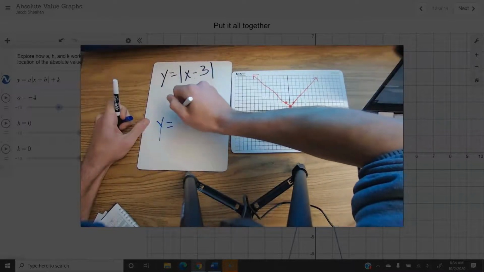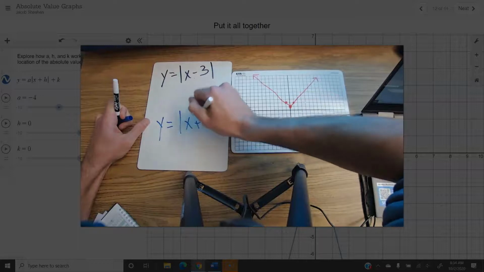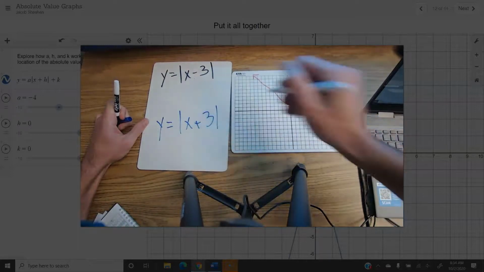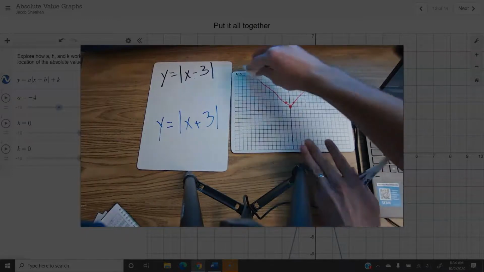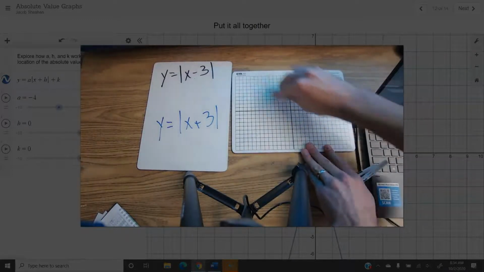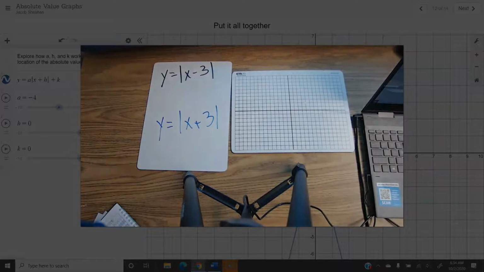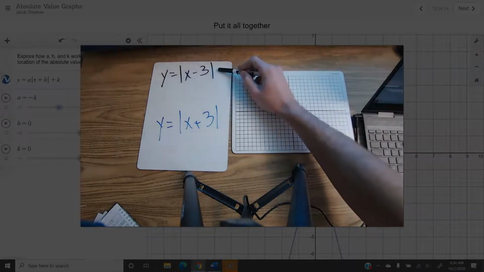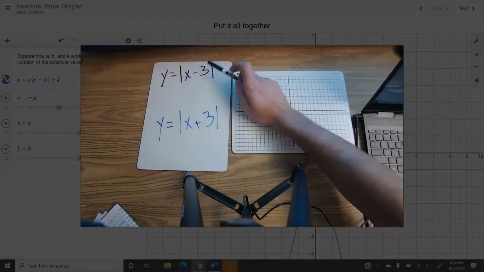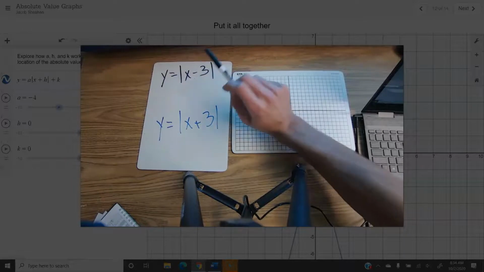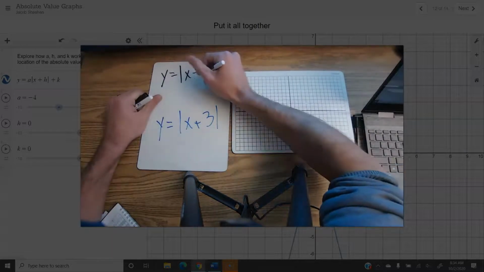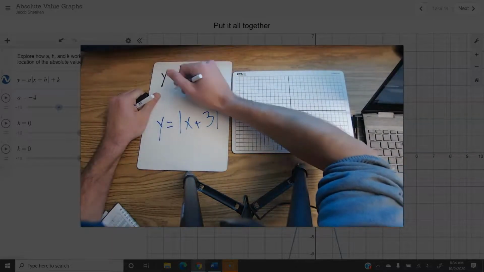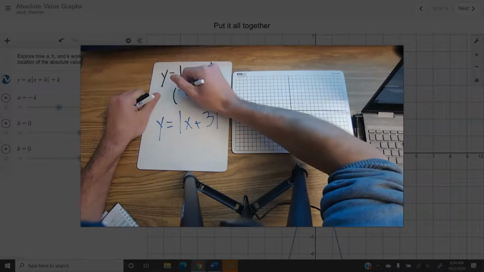They're going to be very similar, but you can see one has a plus, one has a minus. So the function that I wrote in black here has a minus 3. But if we remember from what I showed you in the video, for h values, we need to take the opposite.